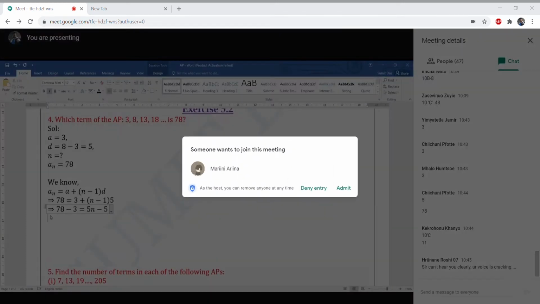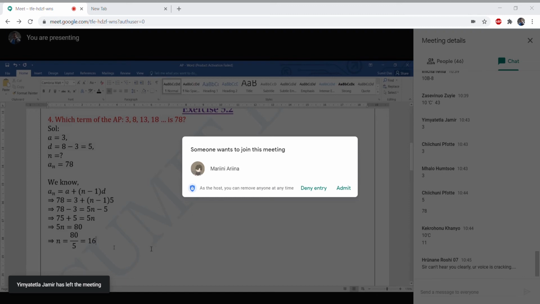If you simplify this, 75 plus 5 equals 5n. I'm taking this 5 again to the left hand side. So next line we get 5n equal to 80. Next line n equals 80 by 5, which is equal to 16. So n value is 16.